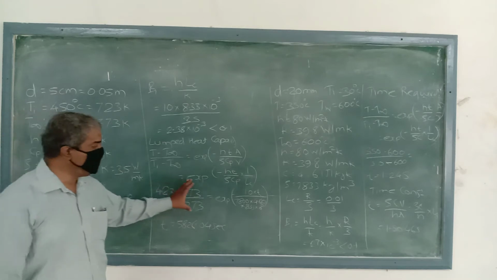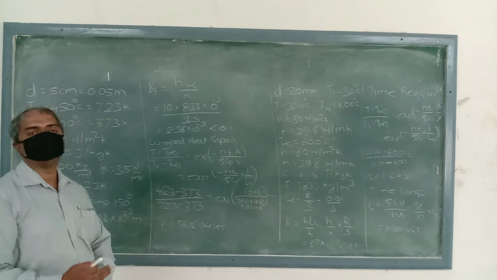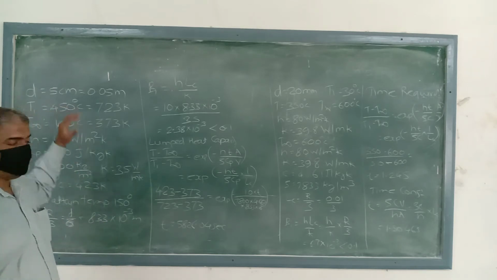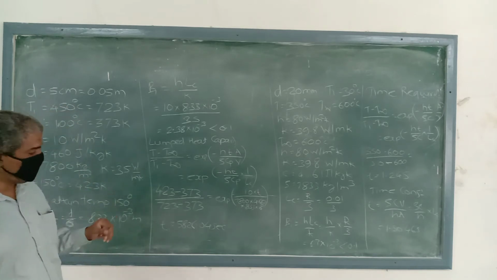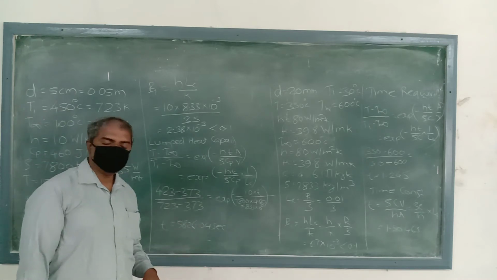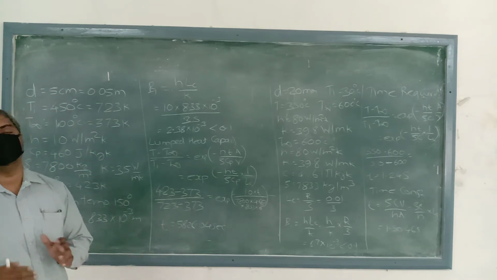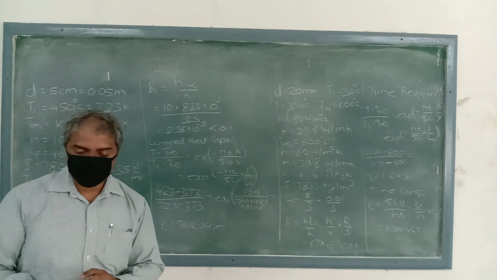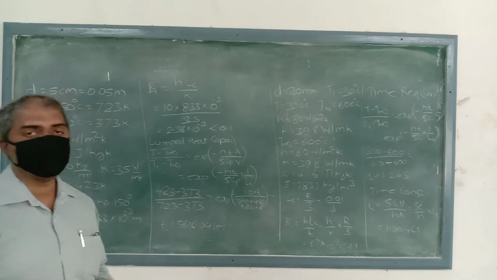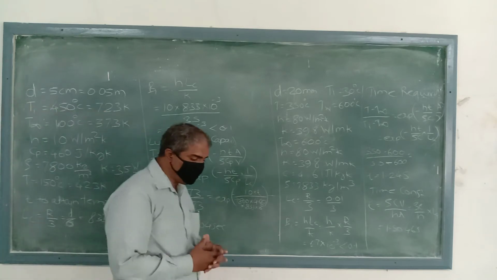After solving this on the calculator, we get the time required for the ball to go from 450 degrees Celsius to 150 degrees Celsius as 586.045 seconds. So this is the numerical related to lumped heat capacity analysis. Once again I am repeating, in this problem they have mentioned all the factors.